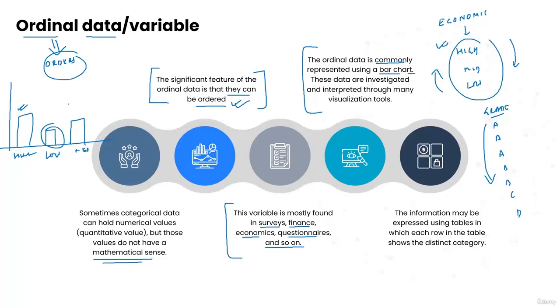A low number of people are falling into the low category, like fewer people, right? And so on. So a bar chart is going to be a go-to visualization technique to plot, visualize and analyze ordinal data. The information may be expressed using tables in which each row in the table shows a distinct category.